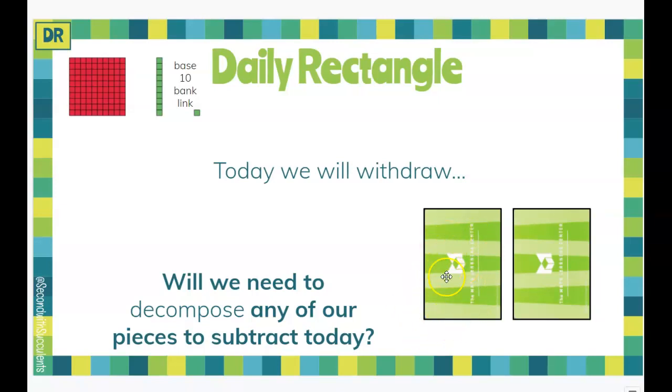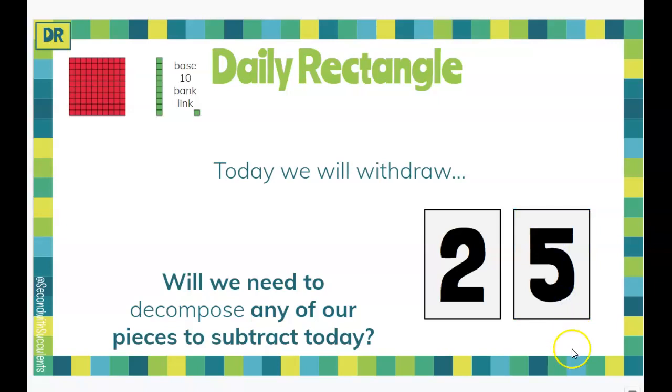Let's see first how many 10s with our cards 1 through 3 we'll take today. We will take 2 10s. Let's see how many 1s we'll take with our cards 4 through 9. We will take 5 1s.